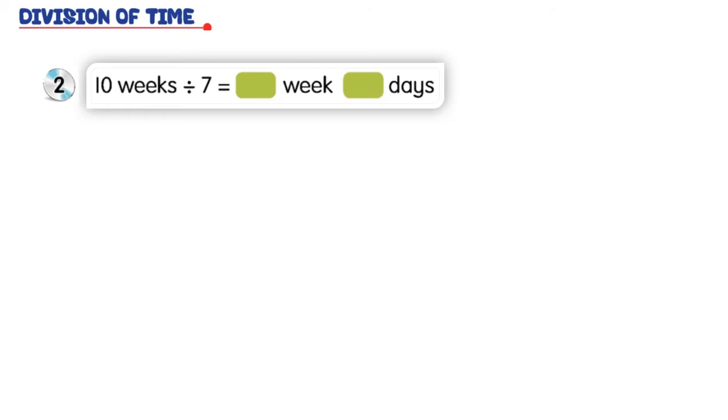Now look at question number 2 here. This one involves weeks and days. See, the answer is in weeks and days. 10 weeks divided by 7. Again, you must know 1 week is equal to 7 days.